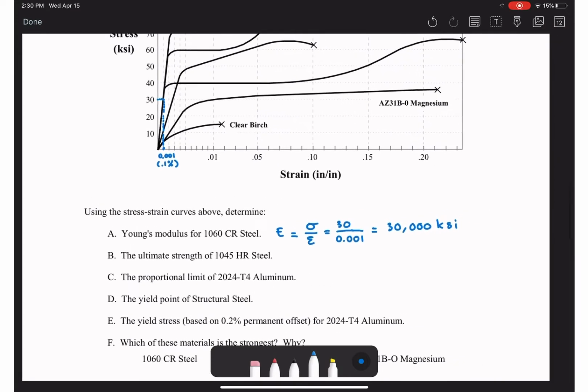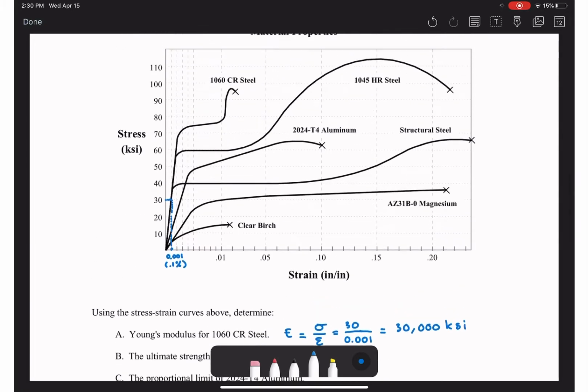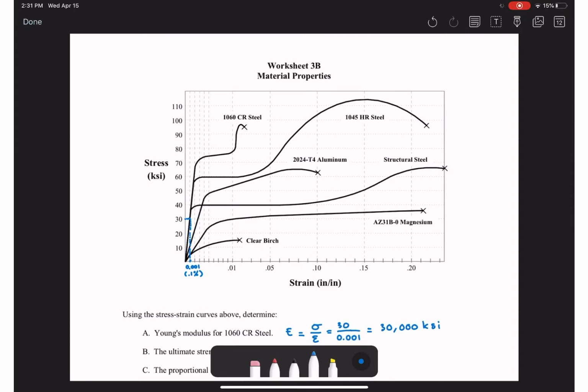Part B. What is the ultimate strength of 1045 steel? The ultimate strength is the maximum stress of this curve. So it will be that point there, and find the vertical value of the maximum stress.